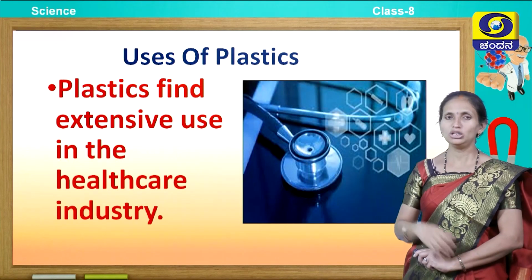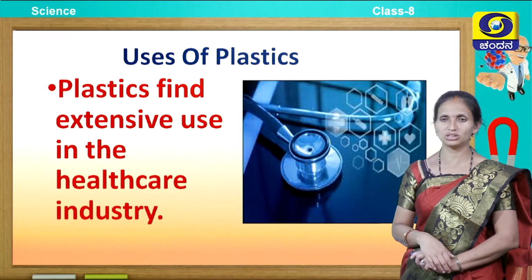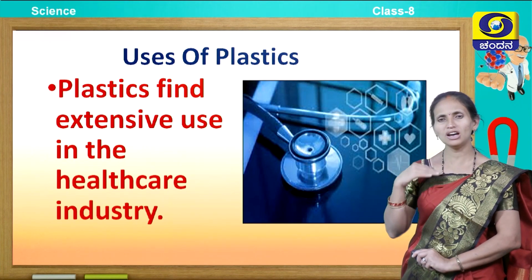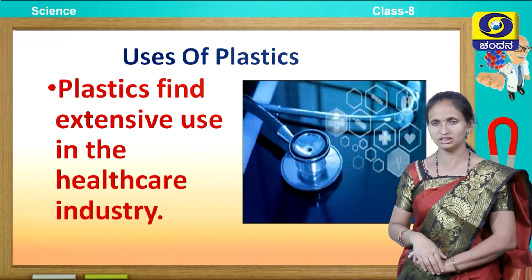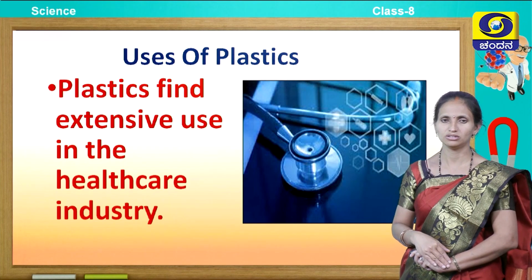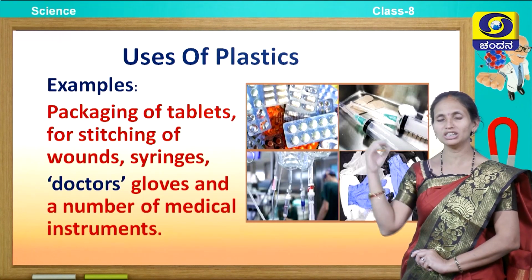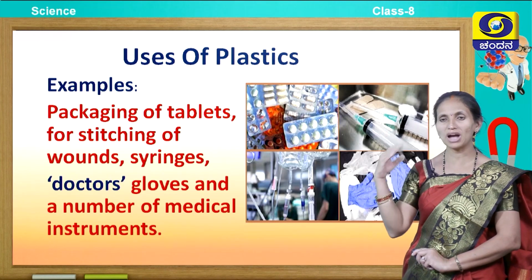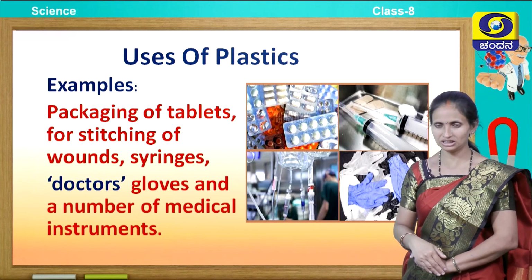Then coming to the uses of plastics. Plastics are extensively used in healthcare industries. The largest use of plastic is in healthcare industries, in the hospitals. The tablets which come to your home from medicine shops have packaging made of plastics.